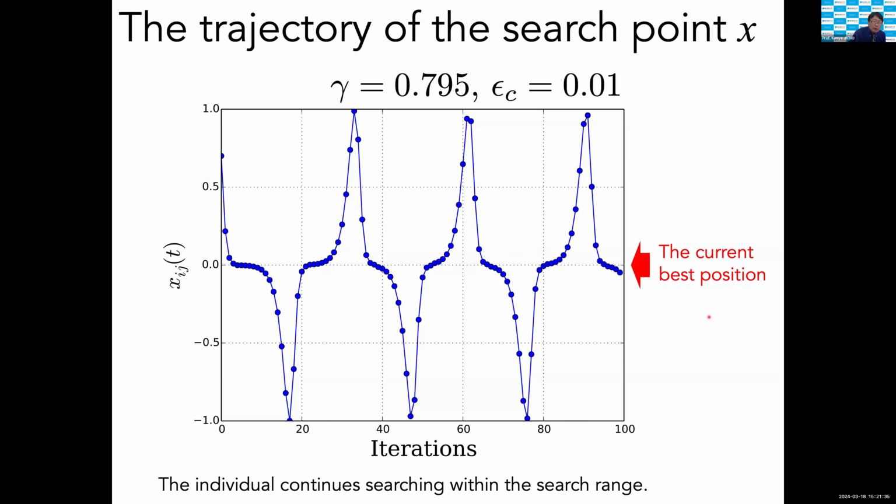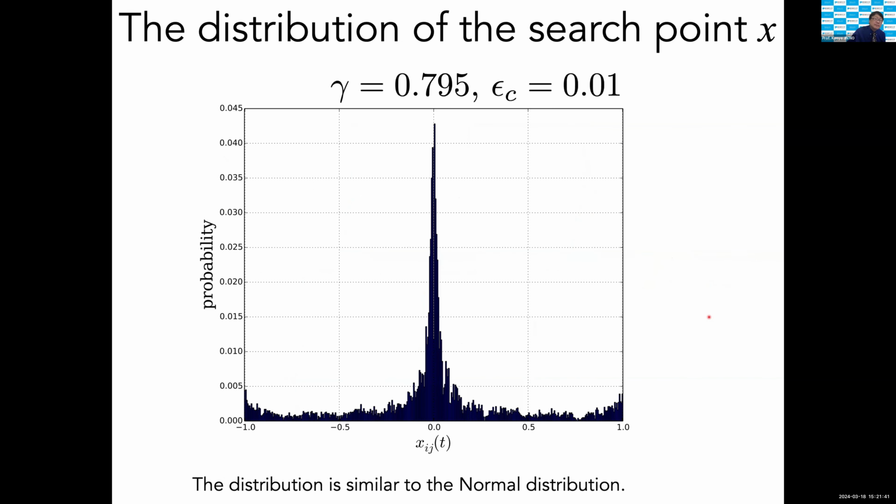Hence, we confirm the distribution of the search point. In this case, the distribution of the search point X appears as follows. The distribution is close to a normal distribution.